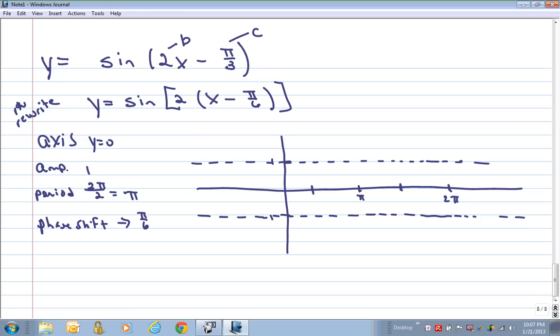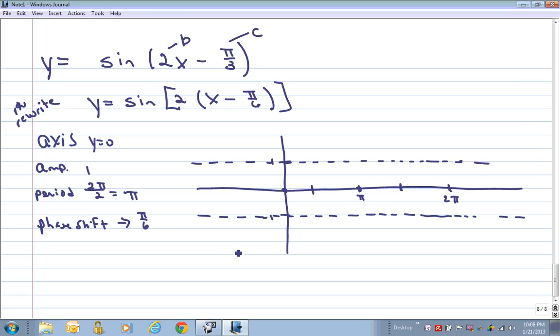Our period now switches. Well, it's actually not going to start at 0. It would have started from 0 to pi, so the original distance of the parent function, or for this function, the period, would be from 0 to pi. But we're going to have to shift over pi over 6.